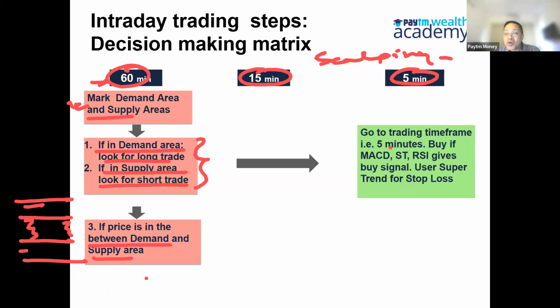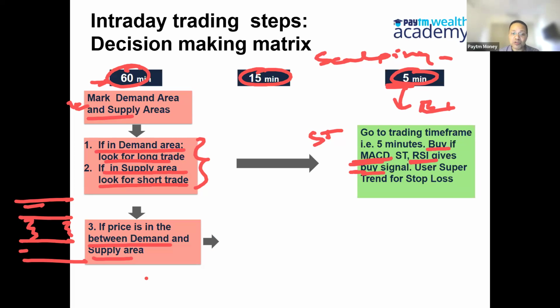In this case, the lowest time frame is 5 minutes. Wait for MACD buy; you can use Supertrend or RSI to give a buy signal in the lowest time frame and get into the long trade. If the price is in the supply zone, sell if the MACD, Supertrend, RSI gives you a sell signal. Use Supertrend for the stop loss.